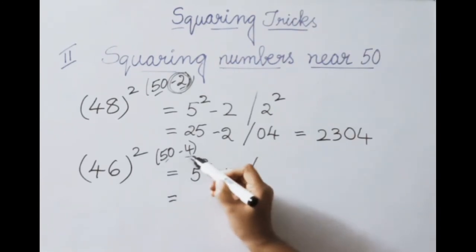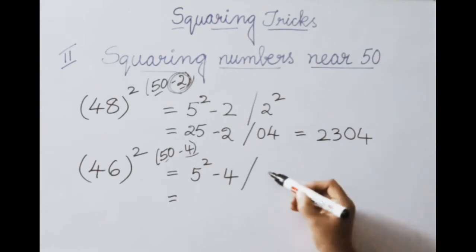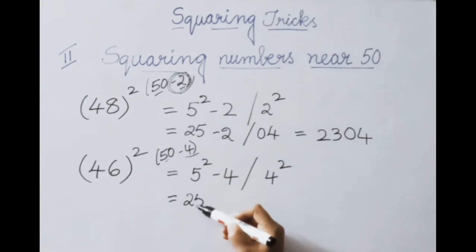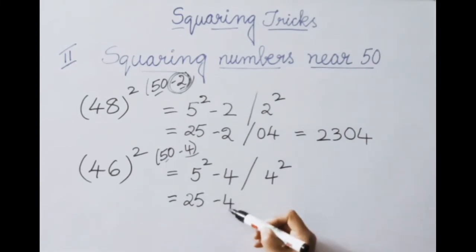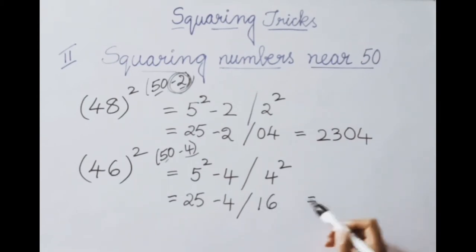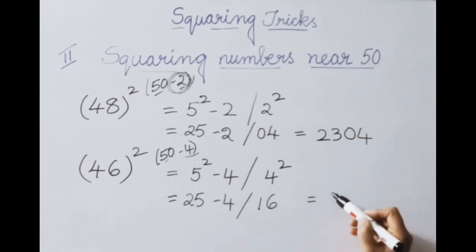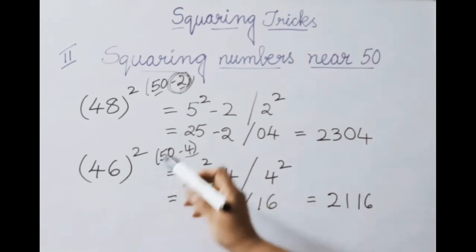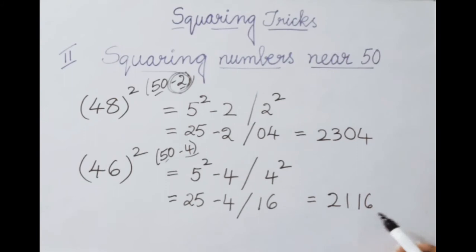The second part is the square of this deficient value, 4 square. Now write down 5 square means 25 minus 4. This is the first part. 4 square means 16. So solve this, 25 minus 4 is 21. The second part is 16. So 46 square answer is 2116.